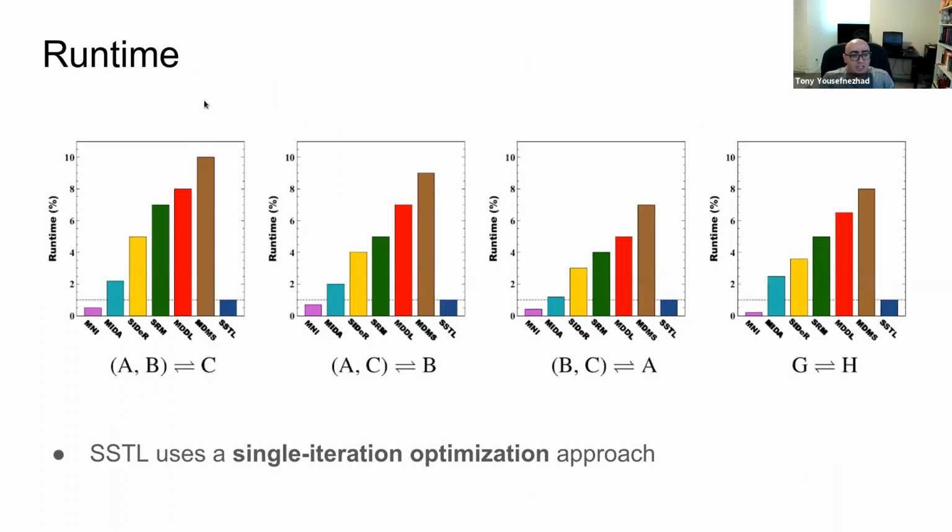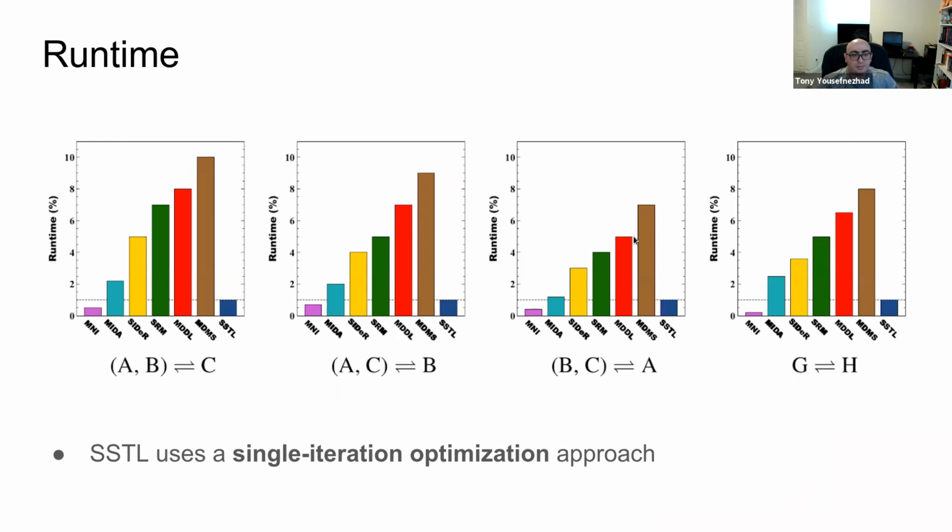Another thing we mentioned, our method is designed based on parallel processing GPU-based analysis, and that's the time point. You can see that it's really effective even in the runtime. For instance, SRM, if it takes 10 seconds, ours takes 1 second.